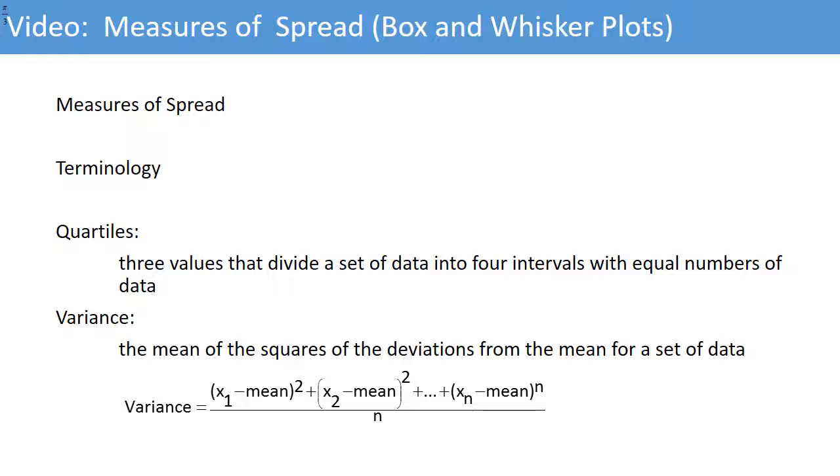The variance is equal to the first data element minus the mean squared, plus the second data element minus the mean squared, and so on for all the elements. Add that all together and divide by n, which is the number of elements in the data set. We will do an example to show you how this works.